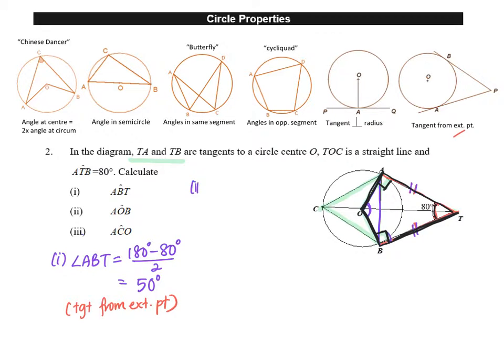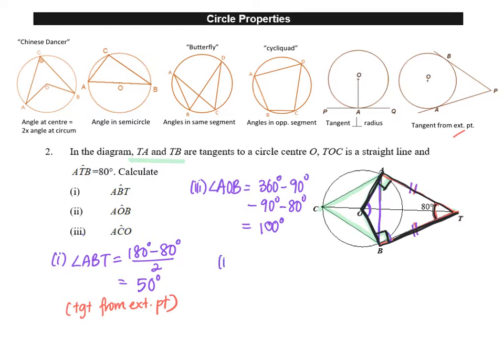So for part 2, I'm going to use the property to find angle AOB. 360 degrees, subtract 90, subtract another 90, the two perpendicular, subtract an 80 degrees. And that will give me 100 degrees. Sum of angles in quadrilateral.